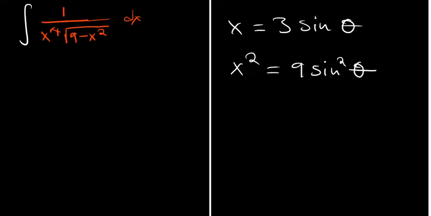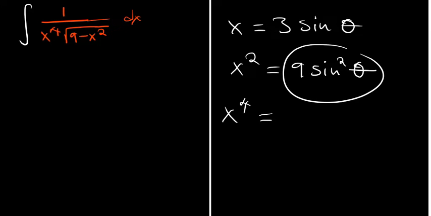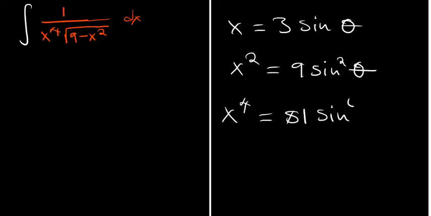Let's substitute. We also have x to the power 4 somewhere there. So x to the power 4, think of it as squaring the x squared. So 9 times 9 is 81, and then sine to the power 4 of theta. Okay, so there we are.